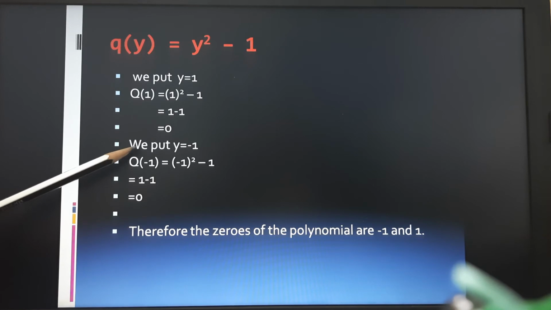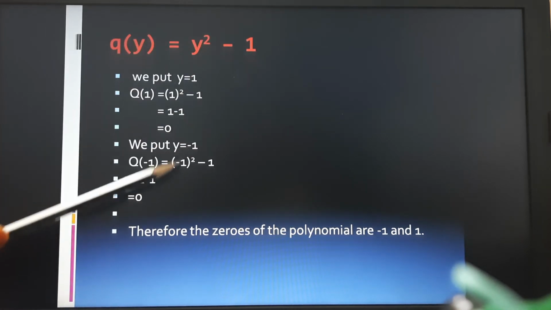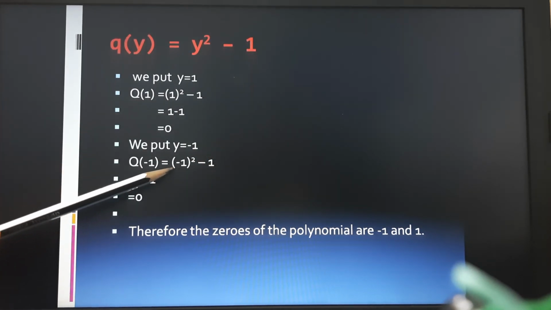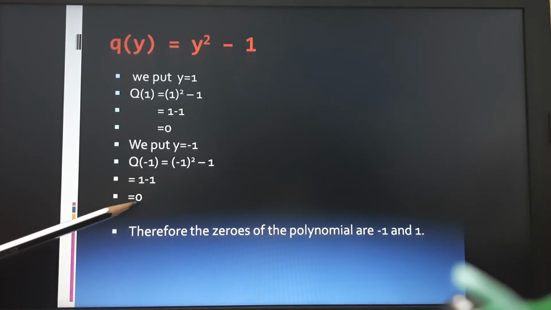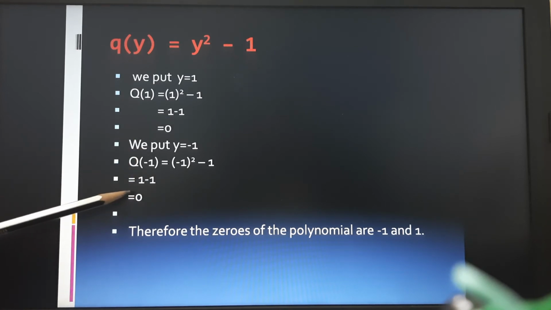In the same way, we put y is equal to minus 1. So minus 1 square minus 1. Minus 1 square is minus 1 or plus 1? It's plus 1. So 1 minus 1 becomes 0. So in both cases we have got the value 0.